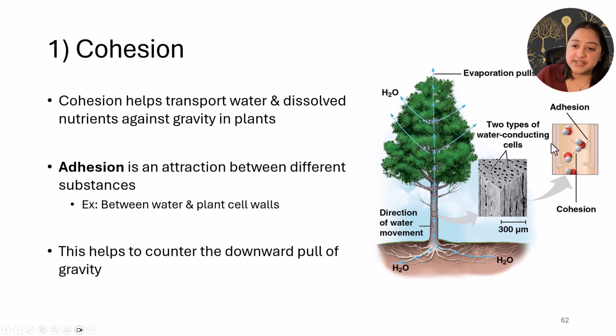So there are water conducting cells in plants, and so that adhesion, with the water being able to be attracted to these walls, is also part of what helps it get pulled up. So these two forces, cohesion and adhesion, help draw the water up against gravity to all the different leaves and cells.